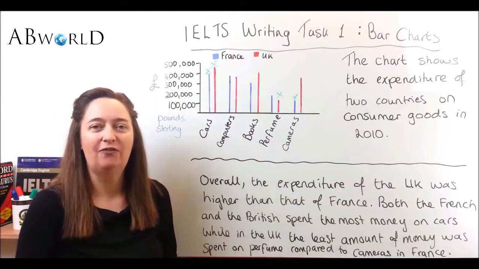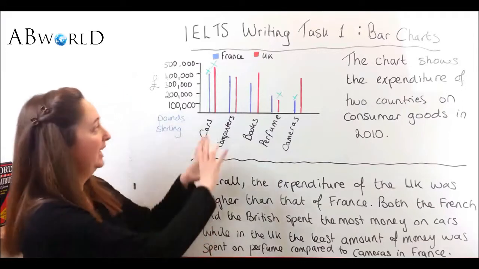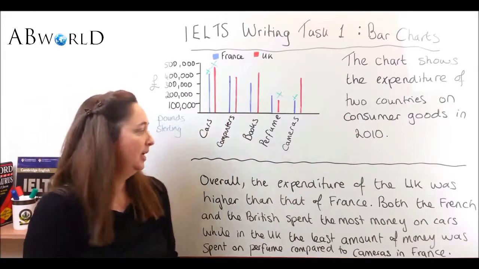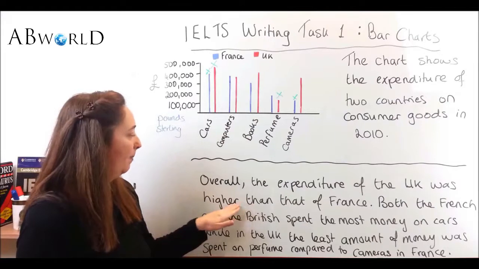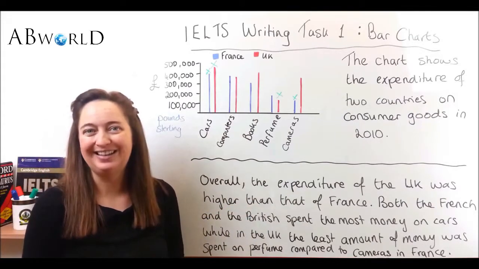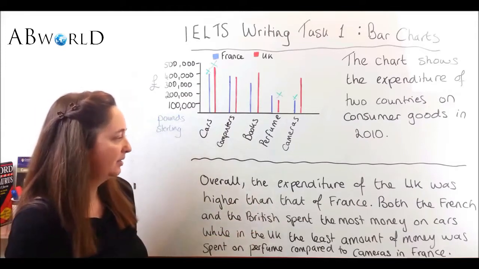So this is our first key feature. Overall, so taking the whole chart together, which one was higher? And you can see we're using a comparative. Overviews usually have comparatives.